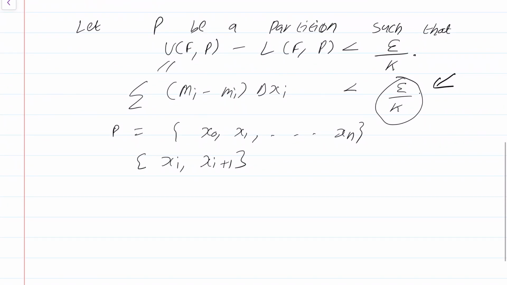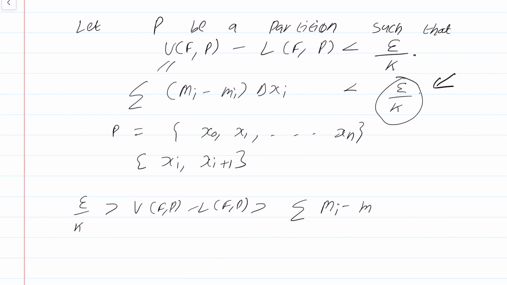To make this precise, we already know that epsilon by k is greater than U(f,P) minus L(f,P), which is greater than the summation of capital Mi minus small mi times delta xi, which is greater than or equal to the summation of capital Mi minus small mi times delta xi, where I'm going to sum up over bad.